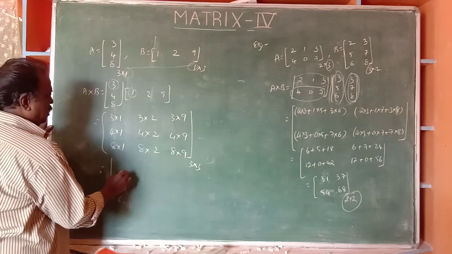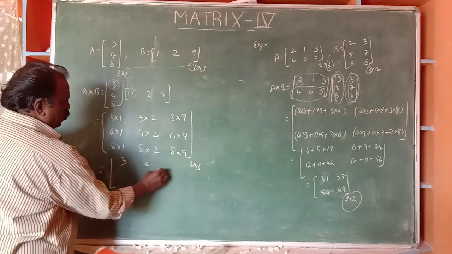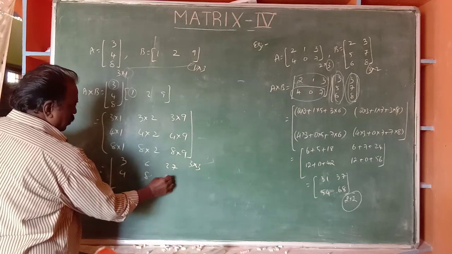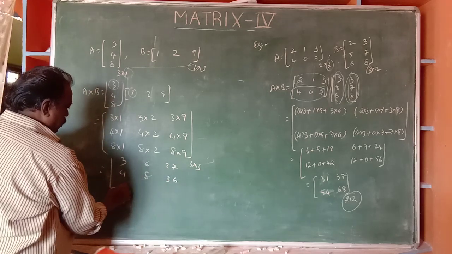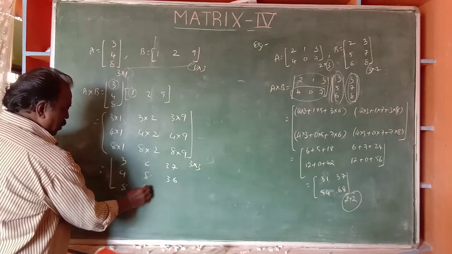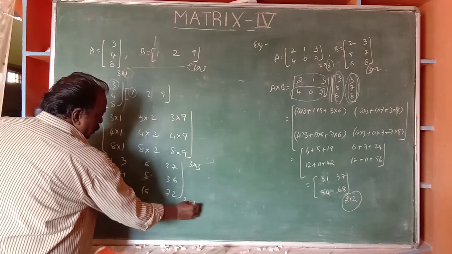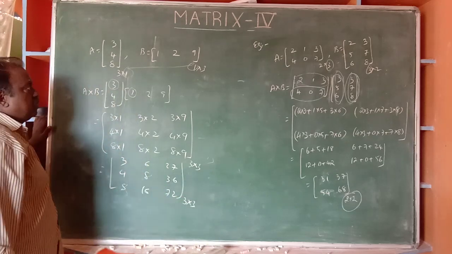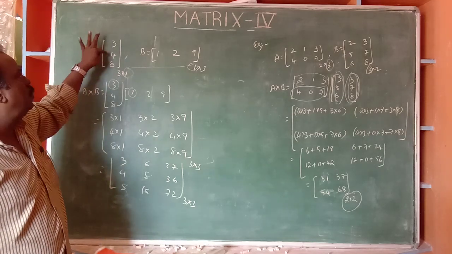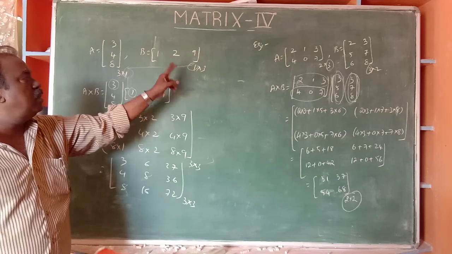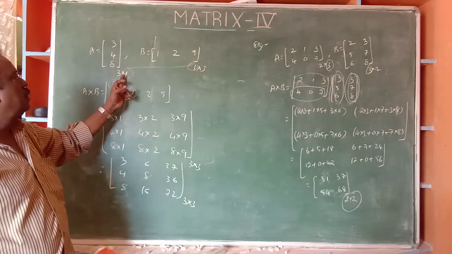You see this: 3, 6, 27. It is 4, 8, 36. This is 8, 16, 72. The resultant matrix is 3 by 3 because A has 3 rows and 1 column, and B has 1 row and 3 columns.